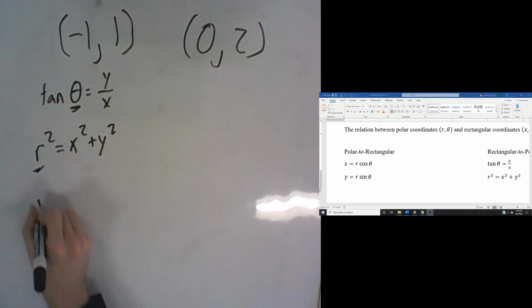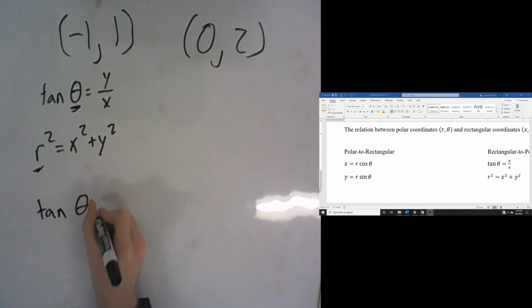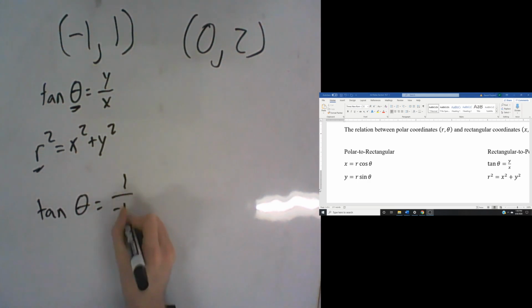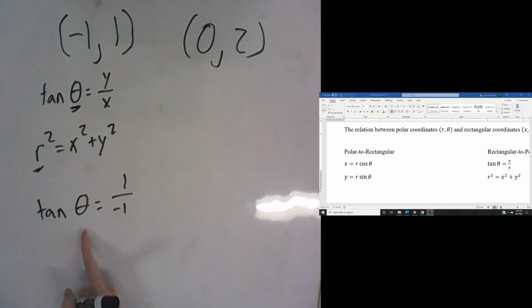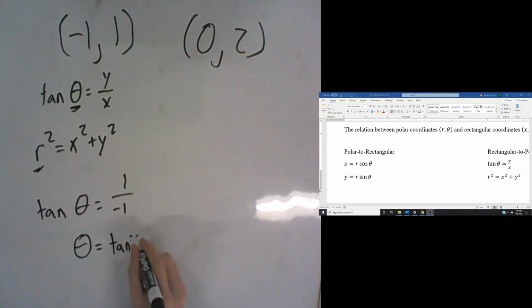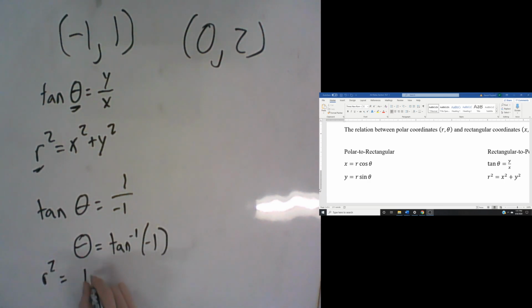So we get tan theta equals 1 divided by negative 1. Remember, we have arctan, tan inverse of negative 1. And r squared equals 1 plus 1, so r squared equals 2, r equals root 2. Make sure you're in radians.